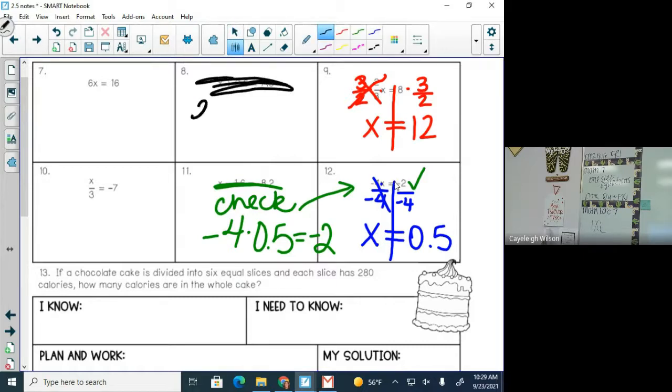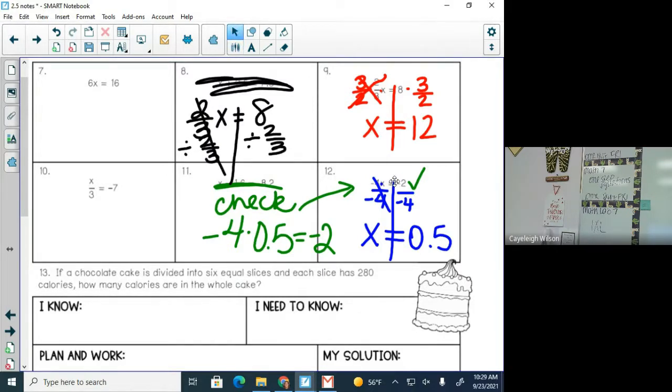Another way that you can do it, you have a calculator? You can divide both sides by 2/3. It will still work. On your calculator, you will take 8 divided by 2/3. Your fraction button is the one that has the ABC on it.